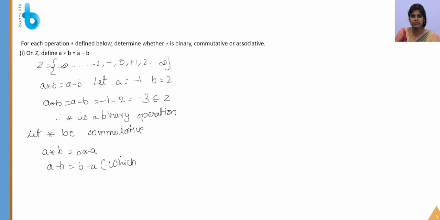We already know this, right? Because 1 minus 2 is equal to minus 1, and 2 minus 1 equals 1. Both are not the same. Therefore, A star B is not equal to B star A and therefore, star is not commutative.